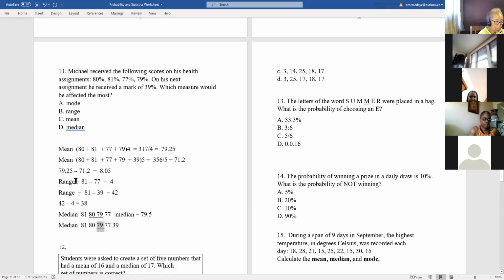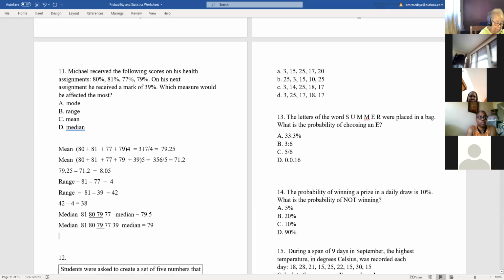Right. So the median would be 79. What's the difference? 79.5 minus 79. And that would just be equal to 0.5. So which one has the biggest difference?